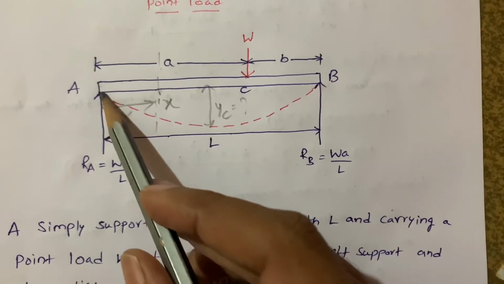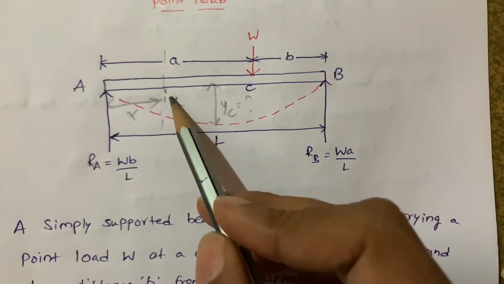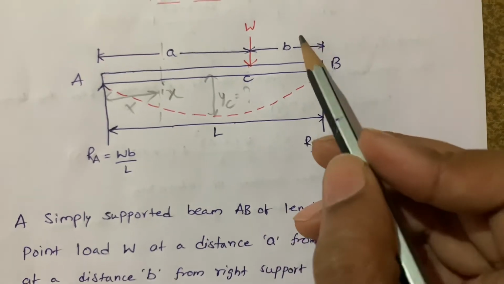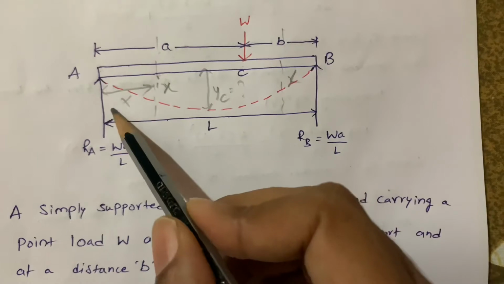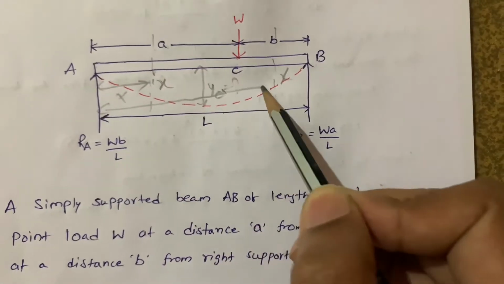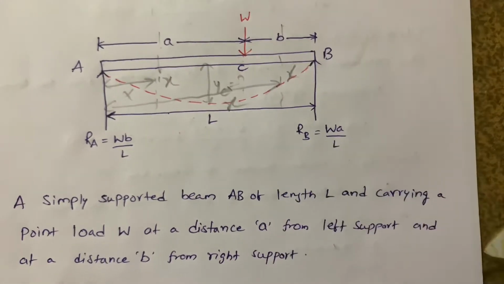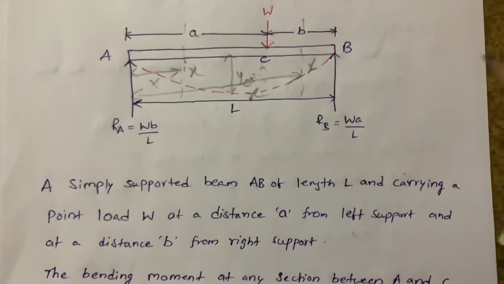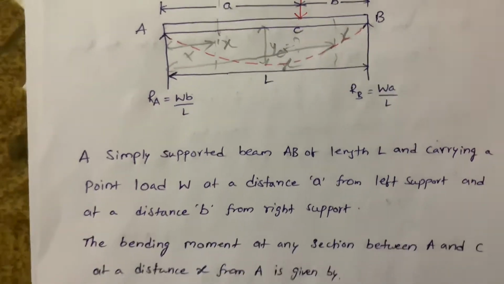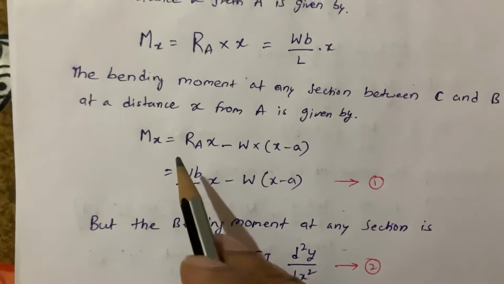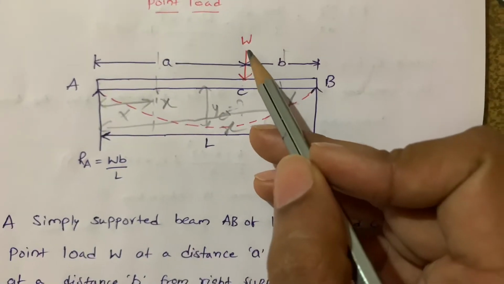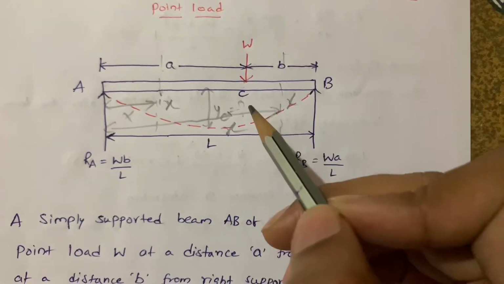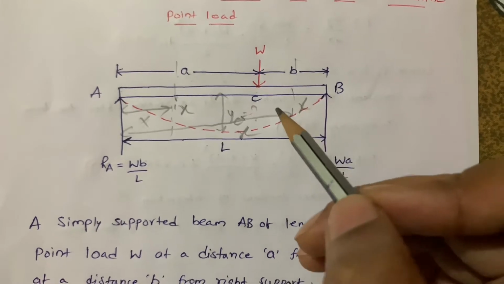First I consider A to C as one section and C to B as another section. Here also the distance from A to this section is X. The formula is force into perpendicular distance, so I am taking the moment again at X: RA into X minus W into X minus a.